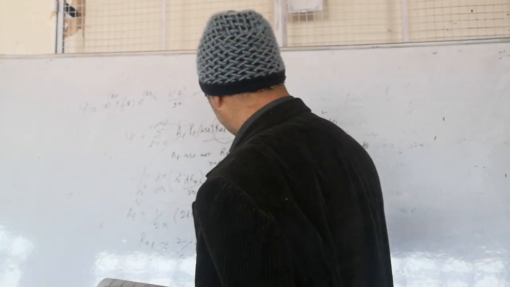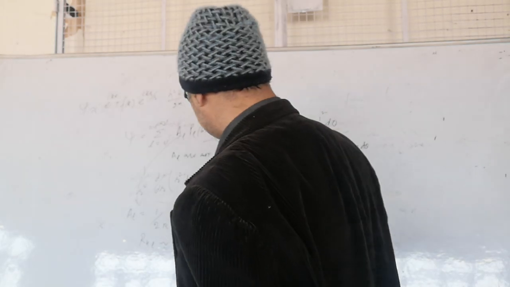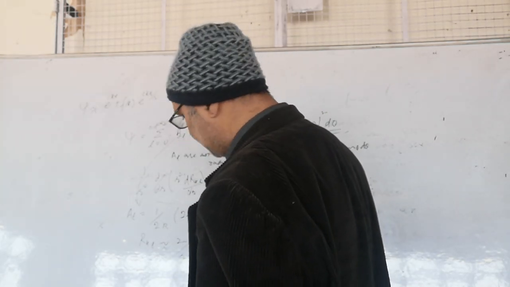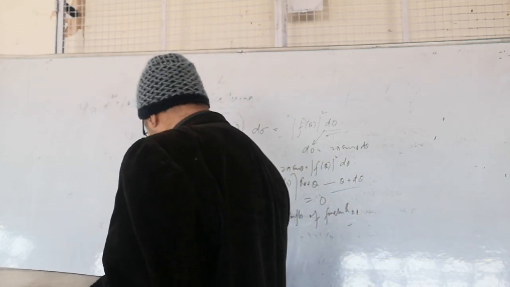Once we solve the Schrodinger equation, you can see its solutions. Now R_L can be further simplified.